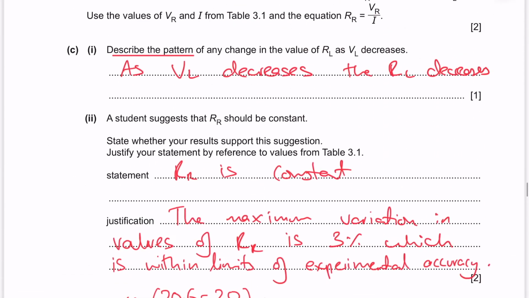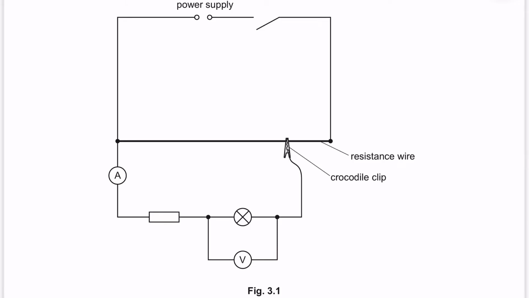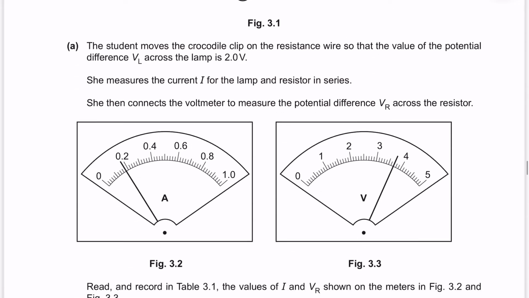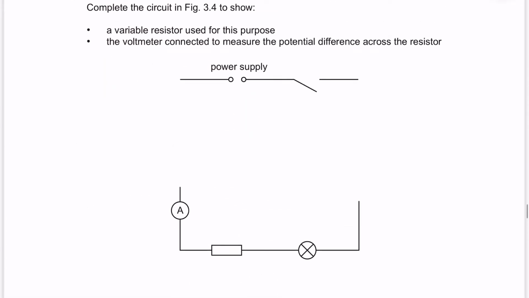Over here we were using a resistance wire, but now we'll use a variable resistor. So we have to know the symbol of the variable resistor. So it has to be the one with an arrow.